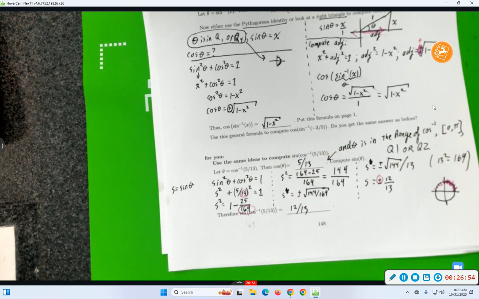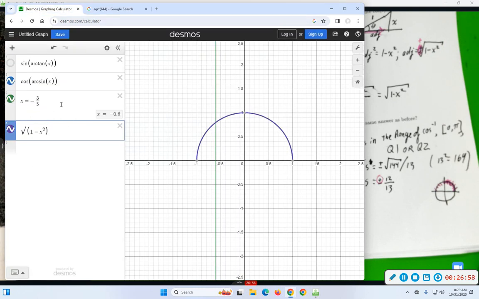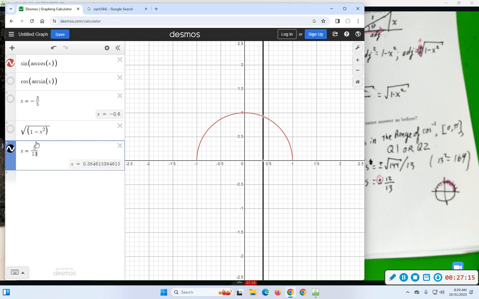And you know what? Let's again check this by appealing to Desmos. This time I'm interested in sine of arc cosine. X equals 5 over 13. So I see some output value there.